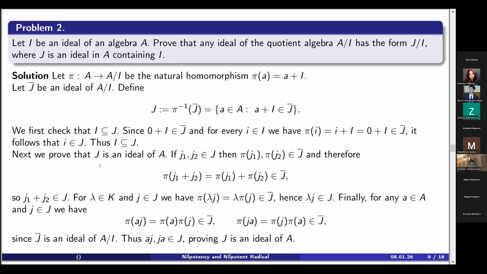Next, prove that J is an ideal of A. If j1, j2 in J, then P(j1), P(j2) are in J-bar.